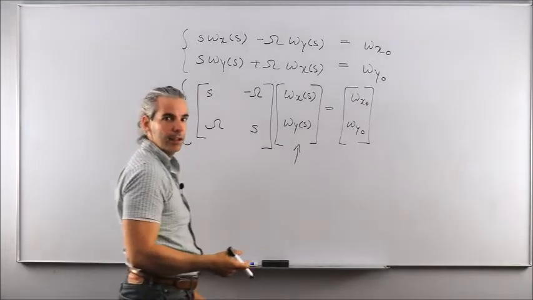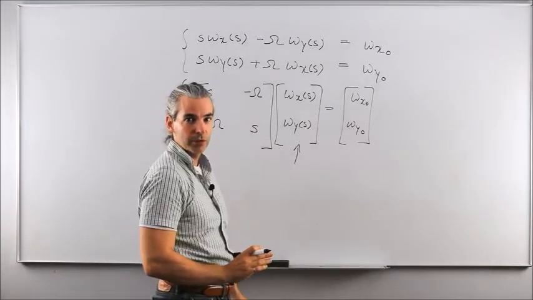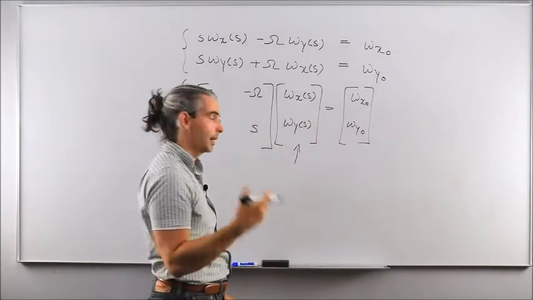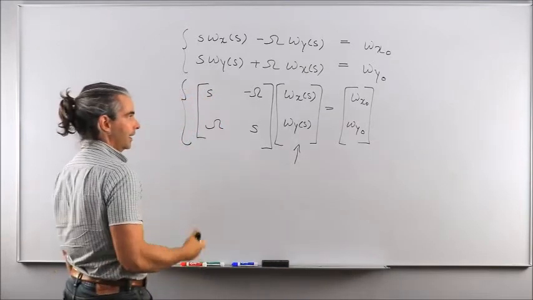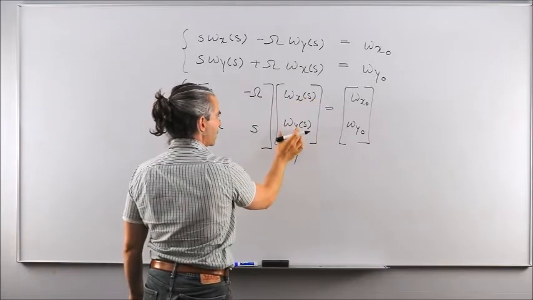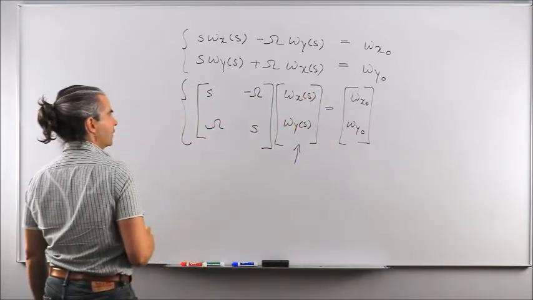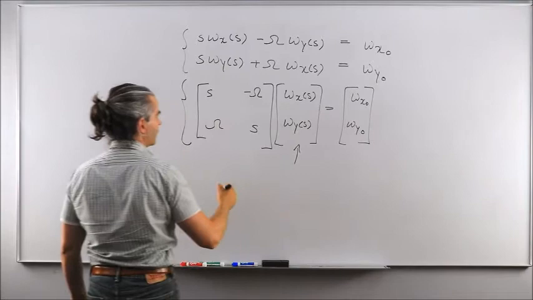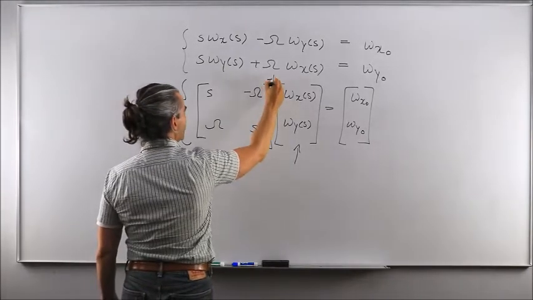First in the S domain and then applying the inverse Laplace transform to get the solution in the time domain and finally obtain an analytical expression for both omega x function of time and omega y function of time. So to solve that in the Laplace domain, all I need to do is take the inverse of this matrix.